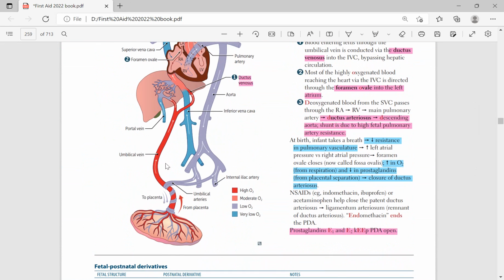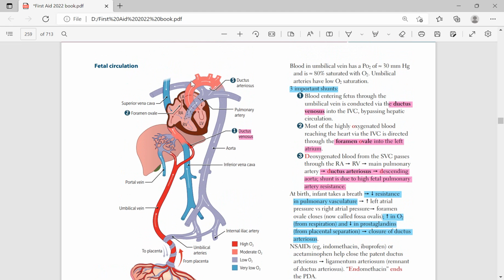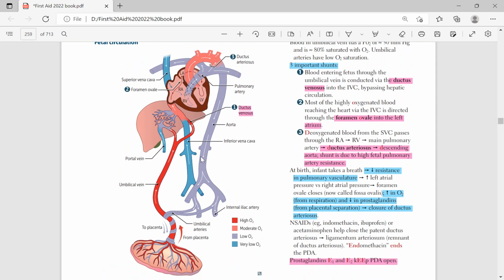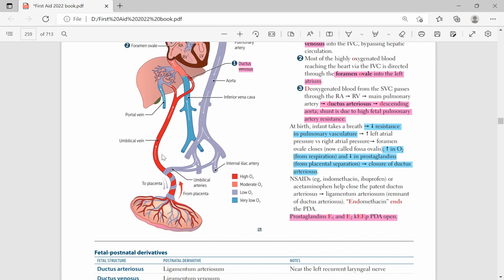Fetal circulation oxygen saturation. Highest oxygen saturation in the umbilical vein. Moderate oxygen saturation in the arch of the aorta. Low oxygen saturation in the pulmonary trunk, descending aorta, and umbilical arteries, and very low oxygen saturation in the inferior vena cava and superior vena cava.